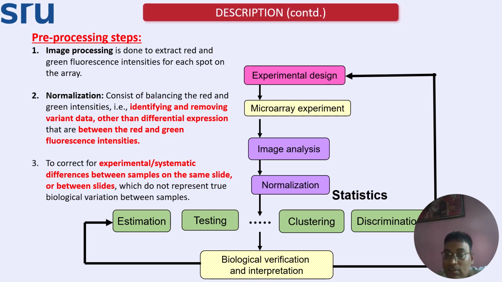Then we normalize. Normalize means x minus mu upon sigma: value minus the mean of all the expression values, upon the standard deviation of all the expression values. So whenever the gene expression value for a certain spot is substantially higher compared to the average of all the expression values, the value will be more and more positive.